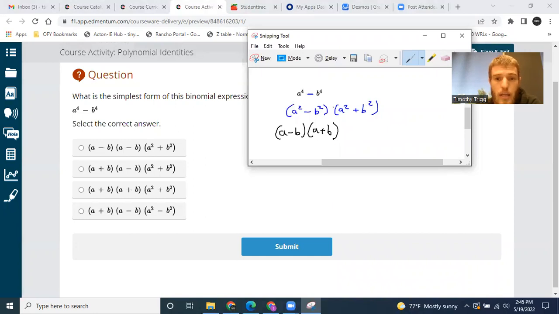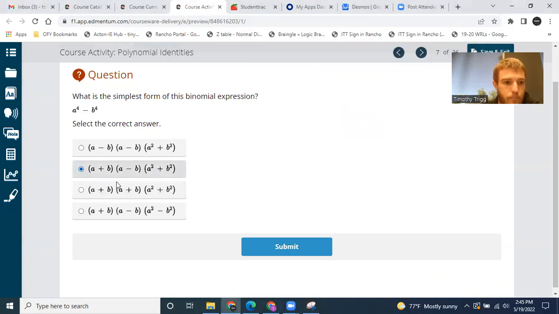Well, no. In order to follow that pattern, it has to be a minus. So that's why we can factor it this way for the starting one, but also for this factor as well. But we cannot for this factor. So that just stays as is, a squared plus b squared. And again, if this was a minus, you could factor it further. All right, so here we go. Okay, hopefully that made sense.